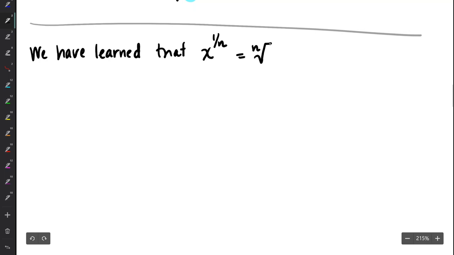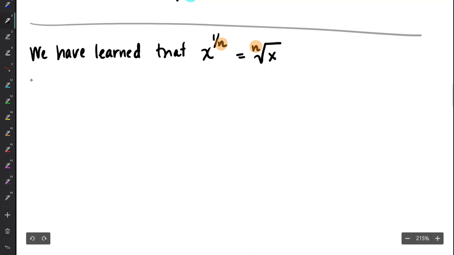All right, so we have learned that something to the 1/n power is notation for the nth root. N can be any number, square root, cube root, fourth root, etc. We've learned that the denominator is the root that you are taking.